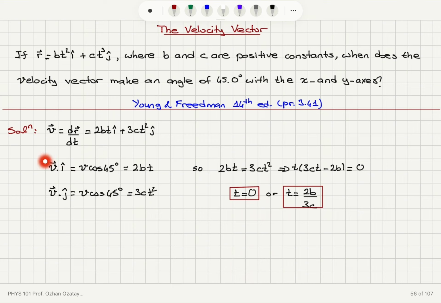It is magnitude of v, magnitude of i hat, cosine 45. The y component is 3ct squared, which is magnitude of v, magnitude of j hat, cosine 45. And since these two are the same, 2bt must be equal to 3ct squared, and that gives me two possible solutions, t equals 0 or t equals 2b over 3c.